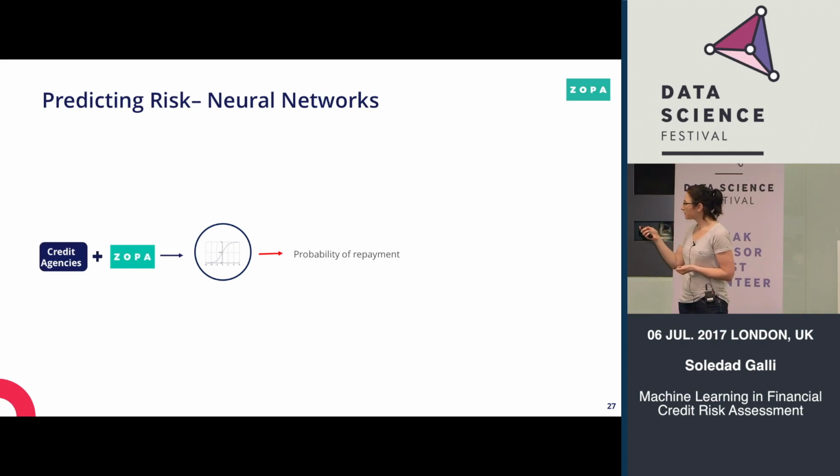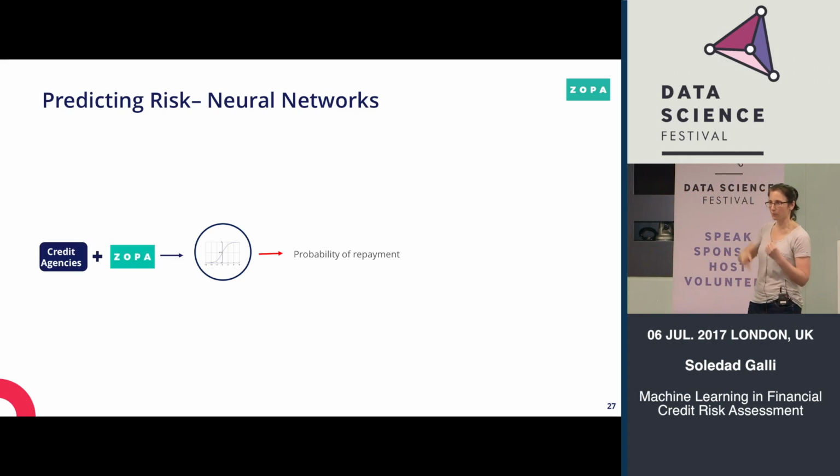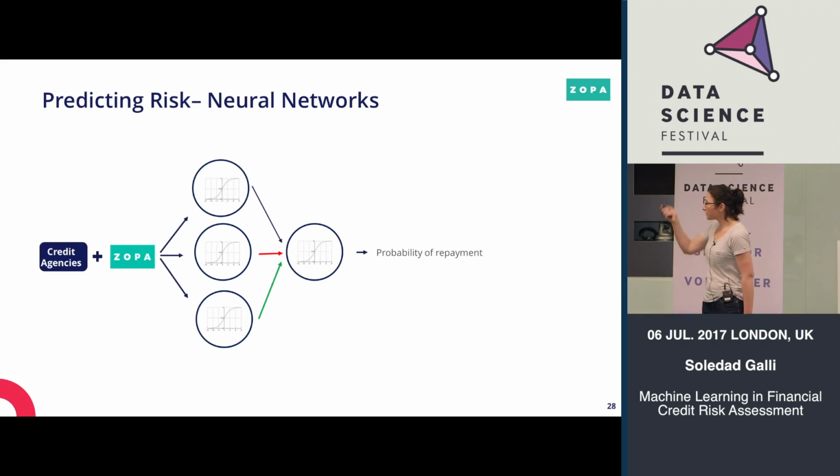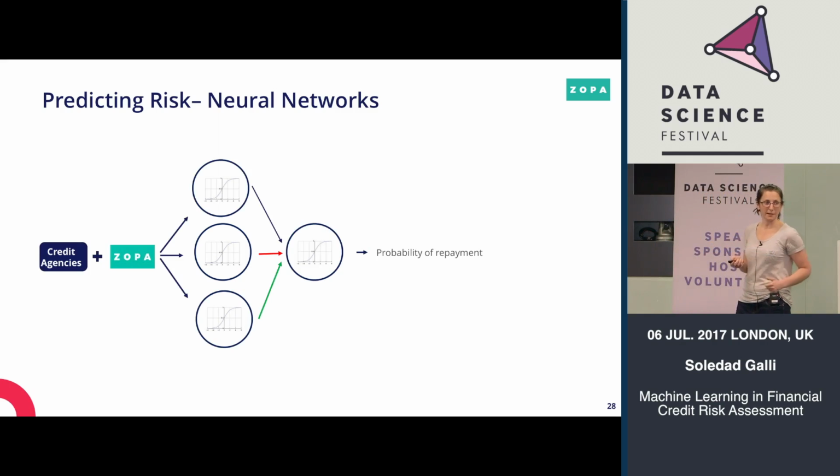So this neuron here sees all the features of our data set, the few tens of features, and then it assigns a coefficient to those features, saying the more of feature A, the more likely this customer is to be in a financially good situation, and the same for feature B, and the same for feature C, and then it squeezes the output of that linear regression with a logistic function, and it outputs a probability of repayment, a value between 0 and 1. And the other neurons in the first layer will do exactly the same.